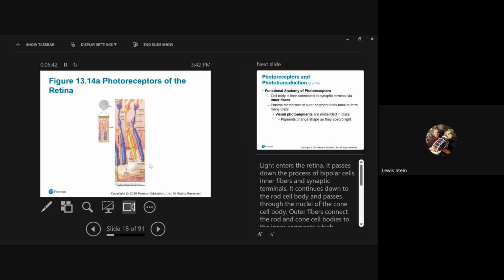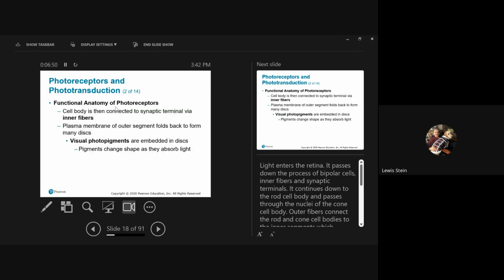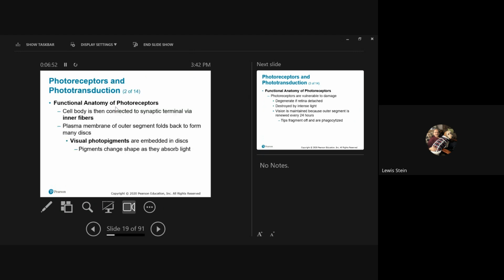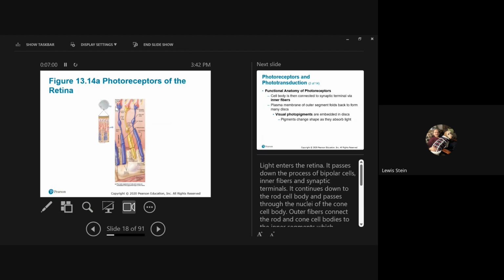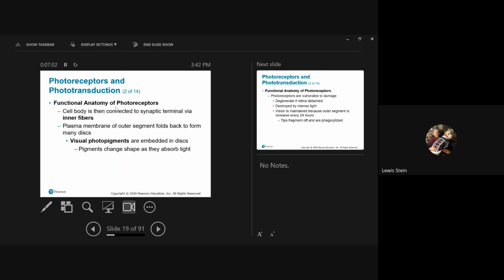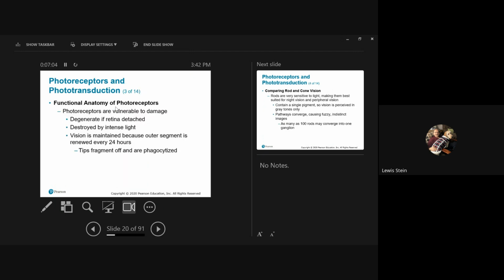They'll show it to you. So we're looking here, and that will change, and eventually it will deliver the signal to there. I don't go crazy about the synaptic terminal, these inner fibers. The photopigments are in that series of discs that you can see, if you look close up on the rods, and they change shape.